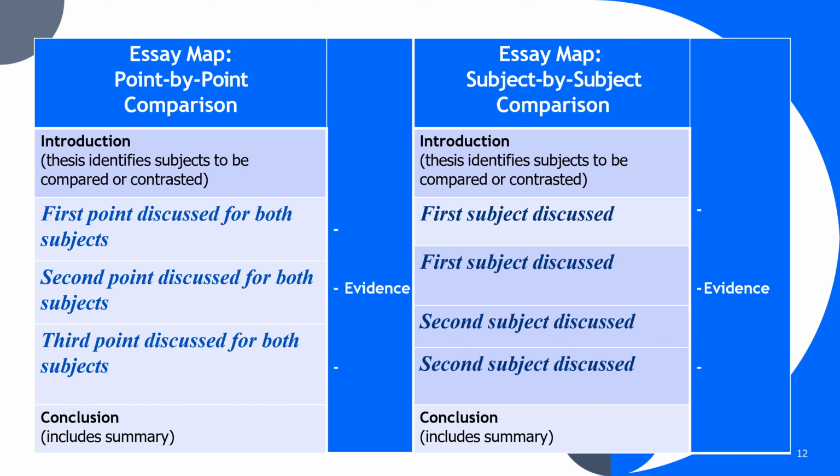So you see that with the point by point, you really just have one kind of format for it. You have the first point and then both sides. The second point, both sides. The third point, both sides. The subject by subject can happen in a few ways.